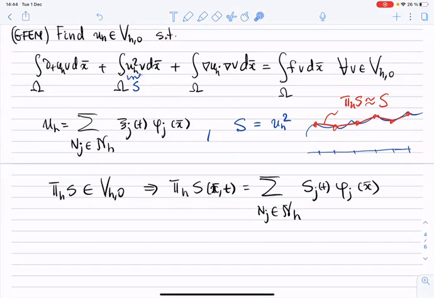So in other words, it says that this function, red, interpolates function blue if at the nodal values they match, so they are exactly the same. Therefore, in these nodal values, the weights are just this nodal value. So it's a nodal value of the exact function at given point Nj, and we just take a linear combination with the basis functions.